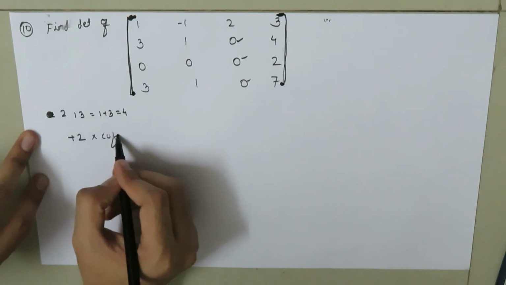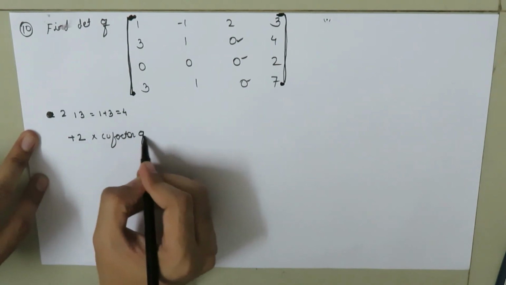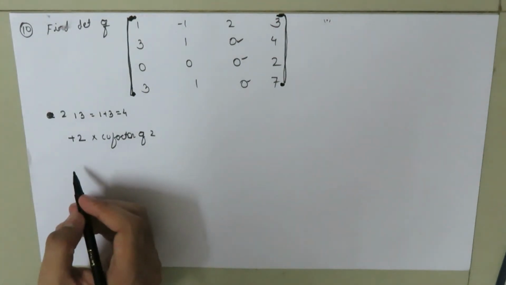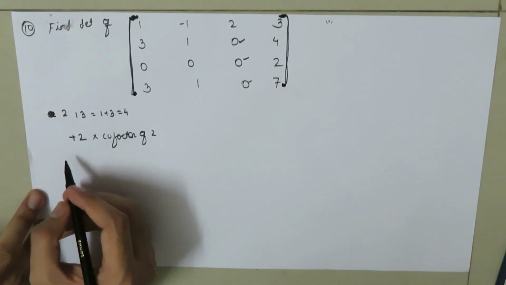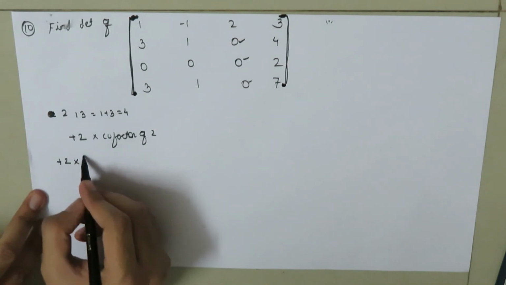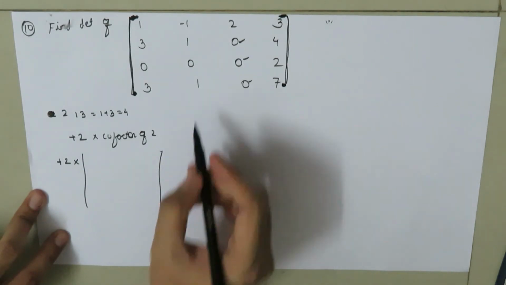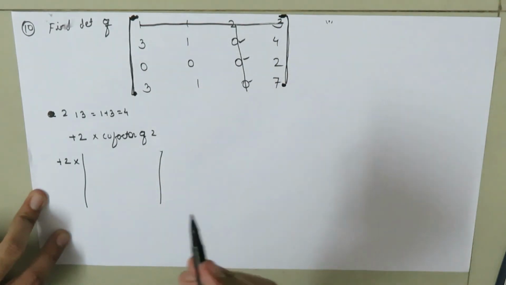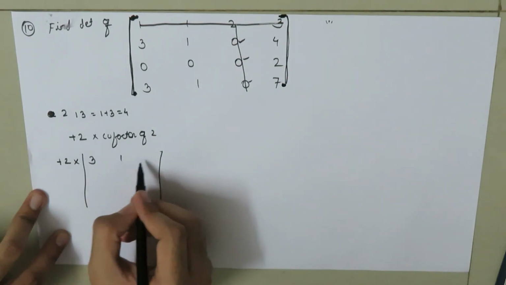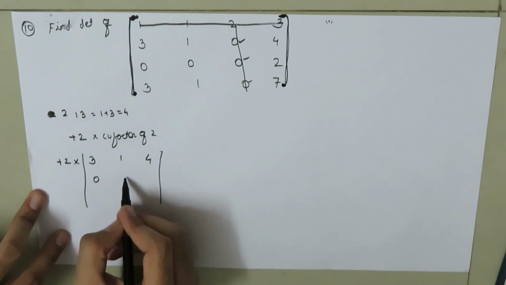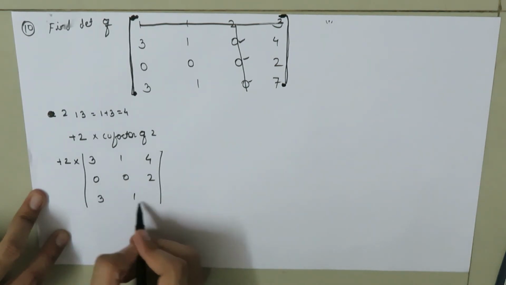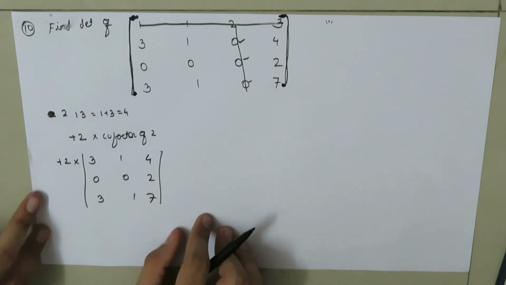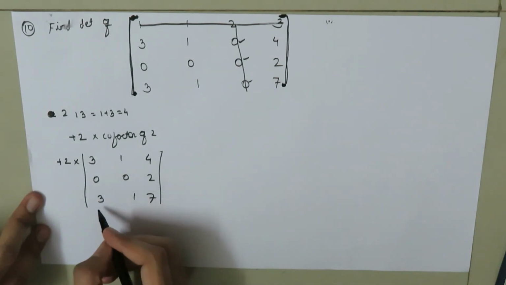multiplied by the cofactor of 2, so this will be plus 2 into the cofactor of 2, and we will delete this row and this column. So here we have 3, 1, 4, 0, 0, 2 and 3, 1, 7. And now what we are going to do is, instead of solving this determinant, it will be easy if we make this 3 as 0.